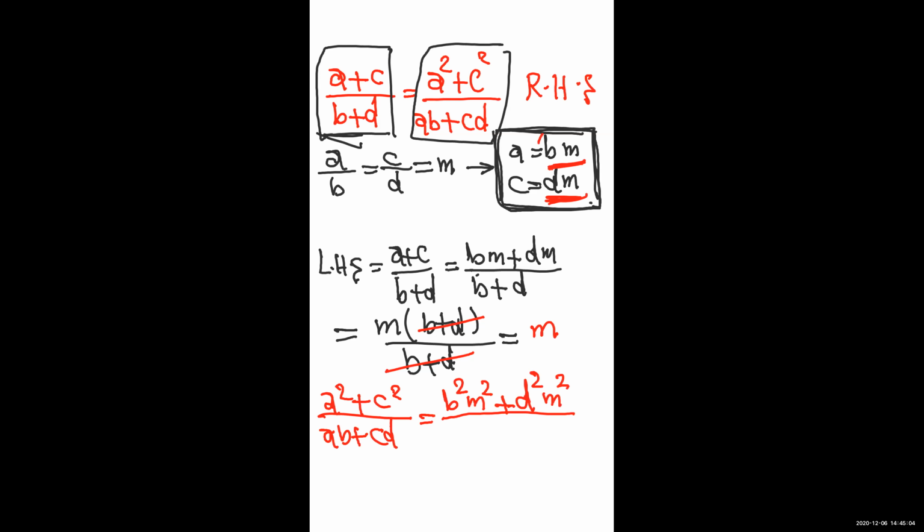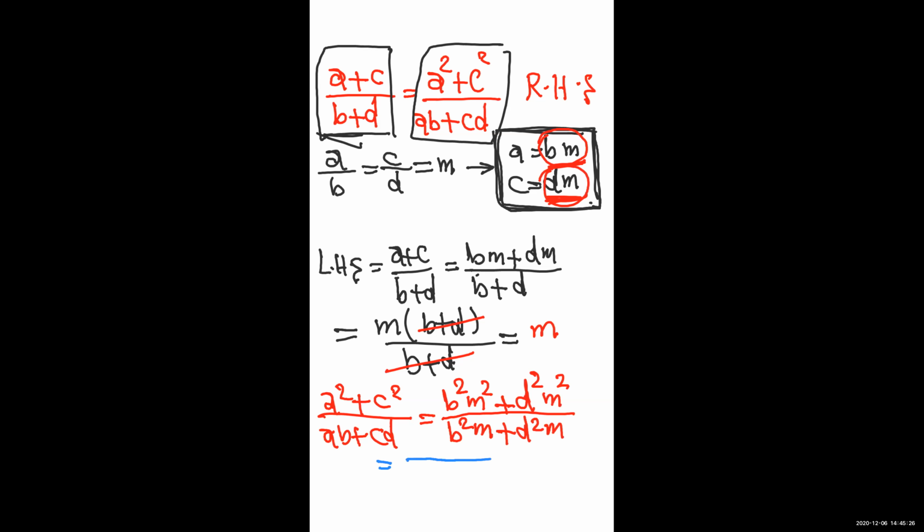A equals BM times B means B squared M plus CD. C is DM. So C times D, which is DM times D, so D squared M.